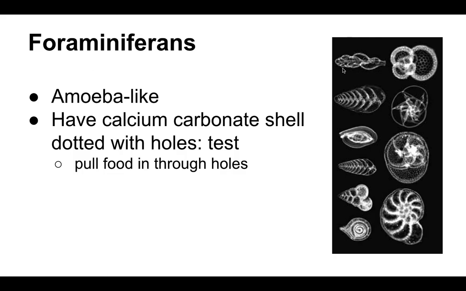Some ones that are in the ocean of note to us are foraminiferans. They're basically amoebas within a shell. So if you think of amoebas like slugs and these like snails, they have the same structure, the same behaviors, except these guys grow a shell to protect them. The shell is called a test.